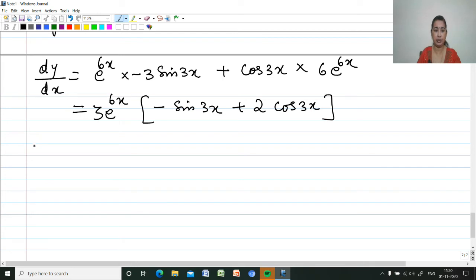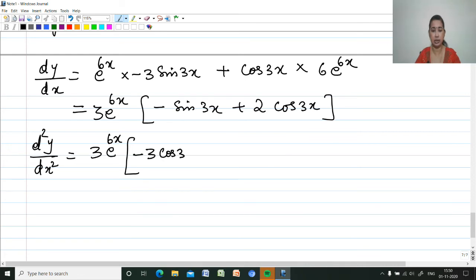Now again finding the second derivative, differentiating again, d square y by dx square is equal to 3 into first function e raised to 6x into derivative of the second, minus 3 cos 3x. Derivative of sine is cos, derivative of 3x is 3, plus 2 into derivative of cos of 3x is minus sine of 3x into 3.